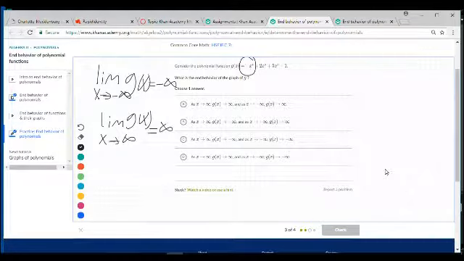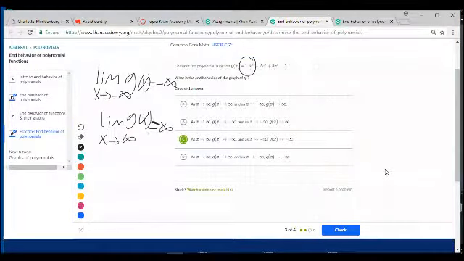Okay, we have negative infinity and we have infinity. And that's going to approach negative infinity because it's a very large negative. So we're going to have negative infinity and negative infinity. That's going to be answer choice C.